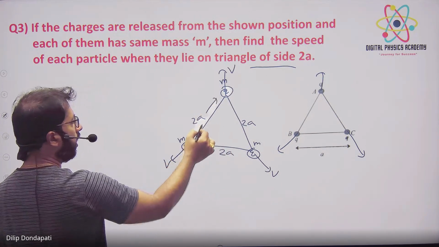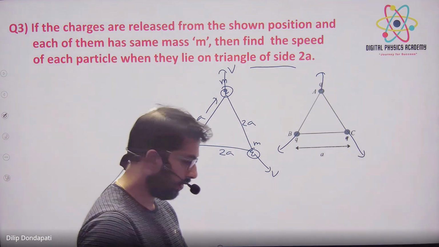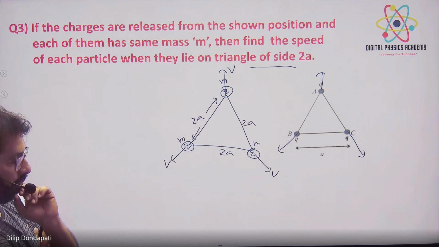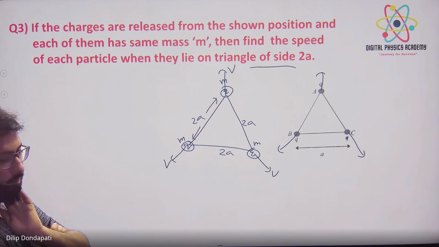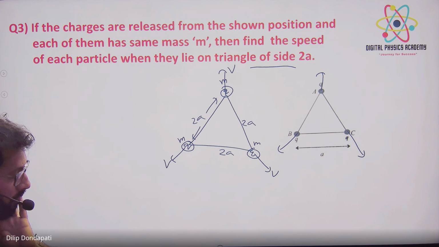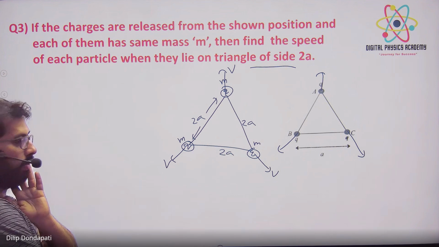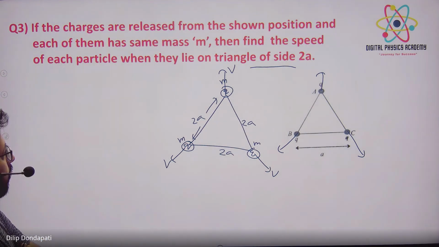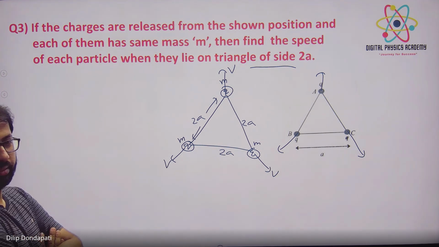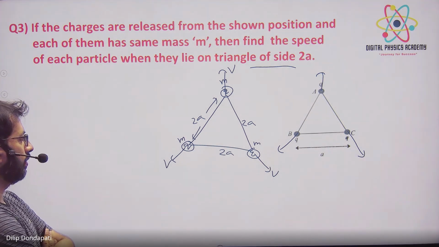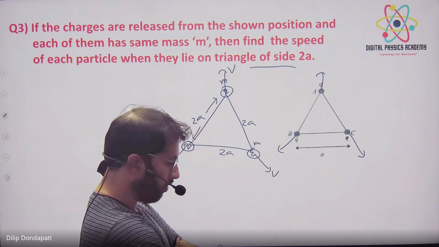When it reaches that. So root of 3k square by M.